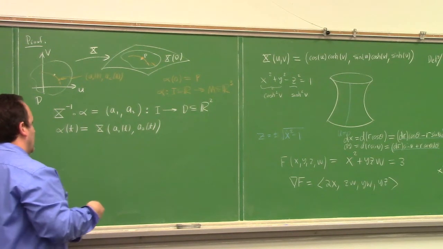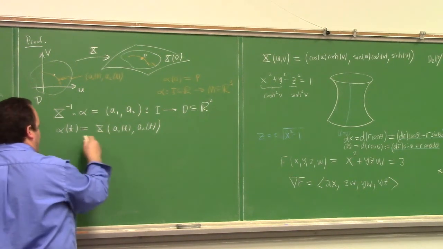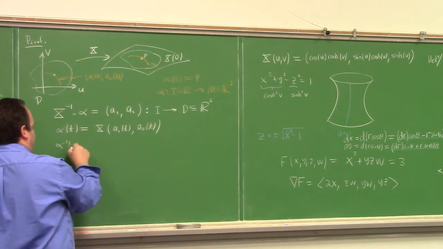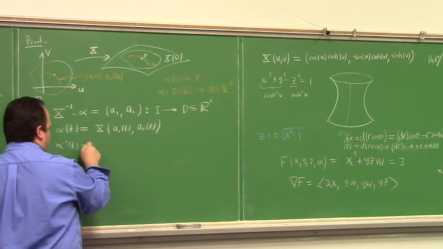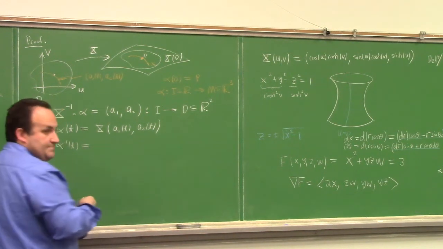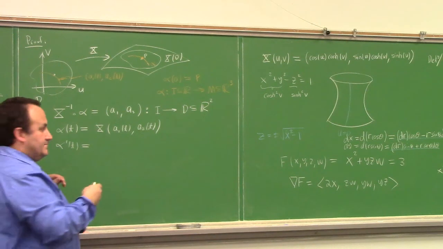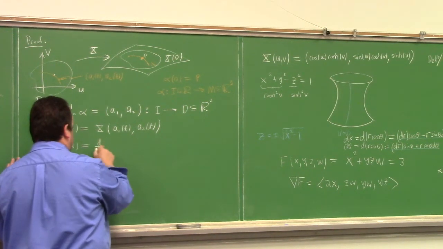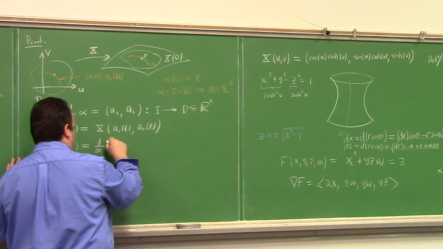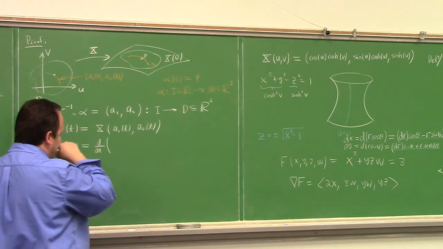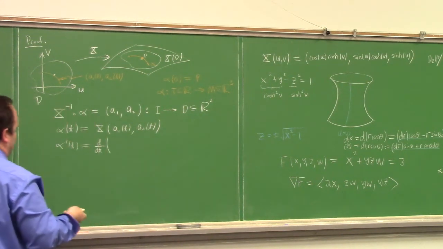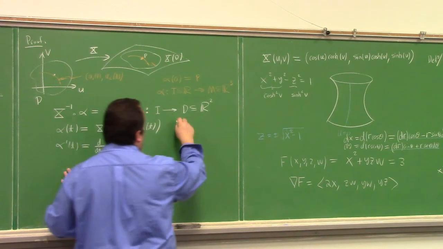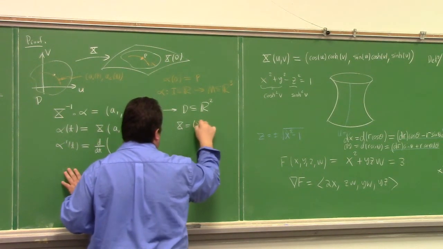So what's alpha prime of t equal to then? It's d/dt of this. To be more explicit, I don't know if that helps, but technically you could think about X as being equal to x, y, z.